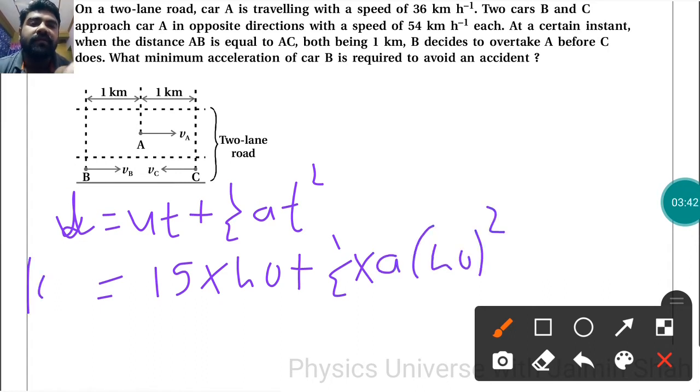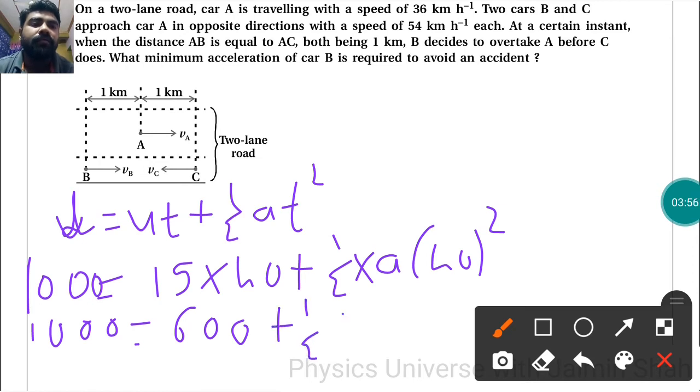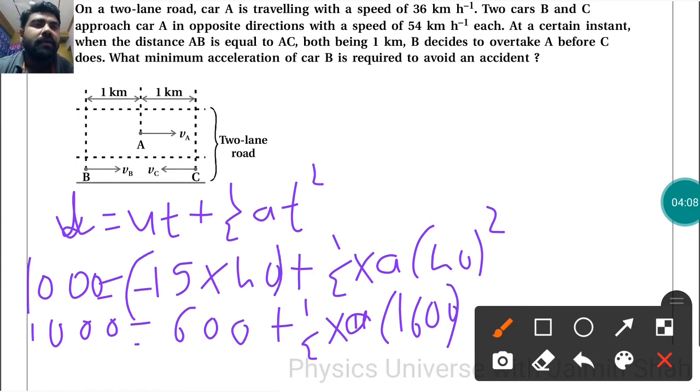Left hand side will be 1000, so 1000 is equal to 15 into 40, which is 600, plus 1 by 2 into A into 1600.